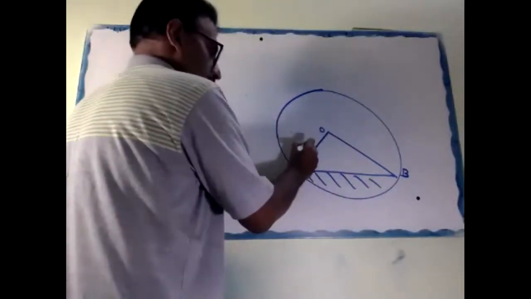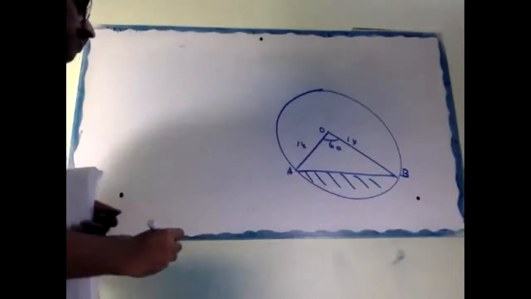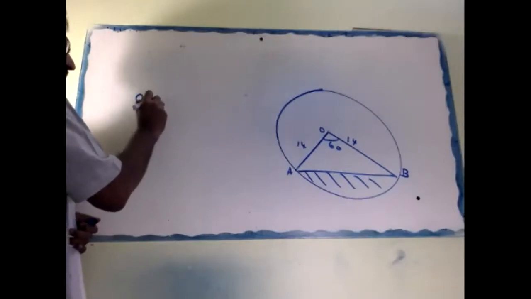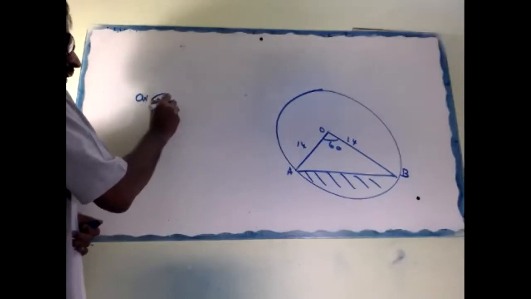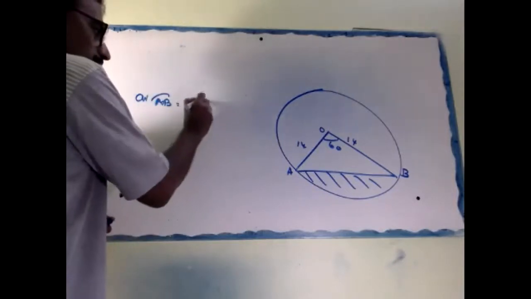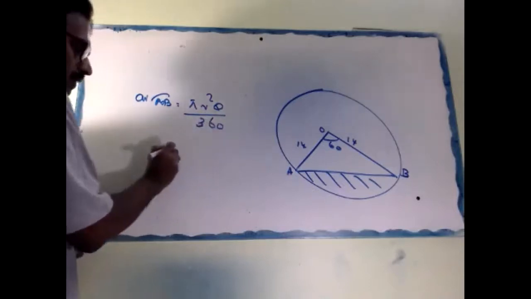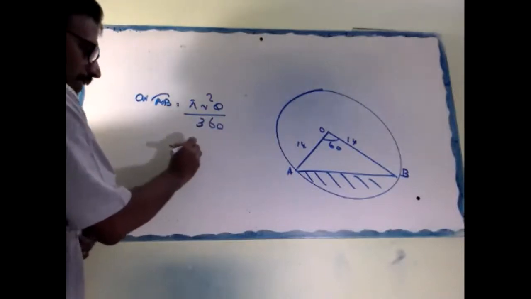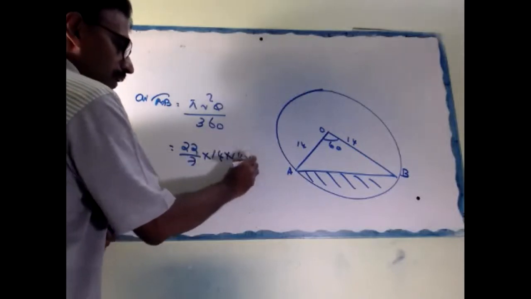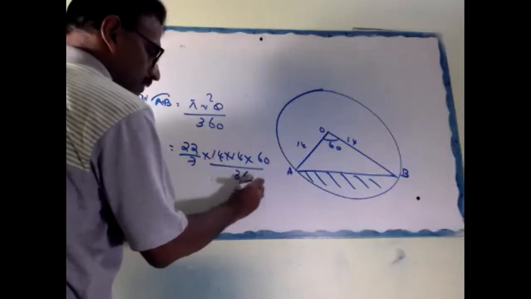Okay, this is 14, this is 60. So first, area of sector AOB equals pi r square theta by 360. So 22 by 7 into 14 into 14 into theta, 60 divided by 360.